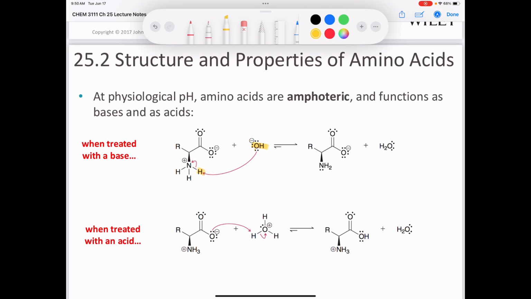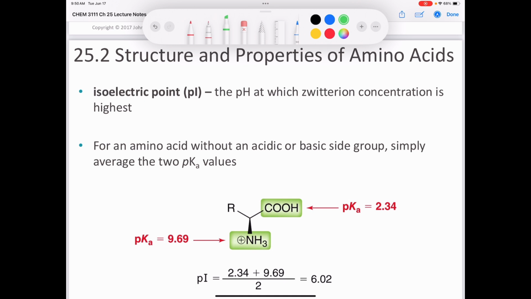However, if it's put in an acidic environment, where you have hydronium ions, in that case, it's going to protonate the carboxylate group to give you a carboxyl group, as is shown here. And so these two reactions show that in its zwitterionic form, an amino acid can function as either an acid or a base.